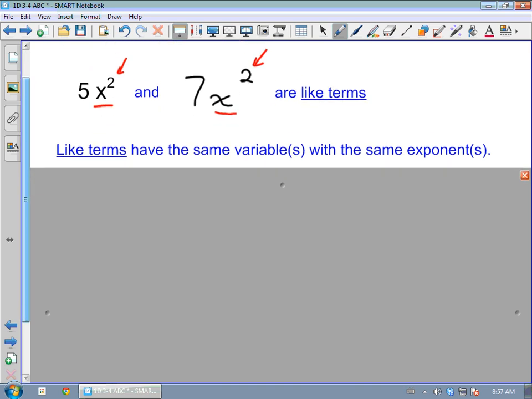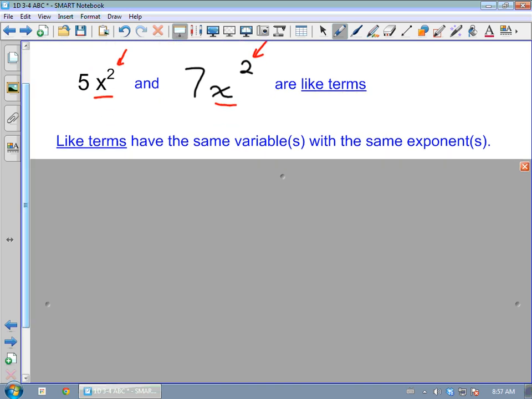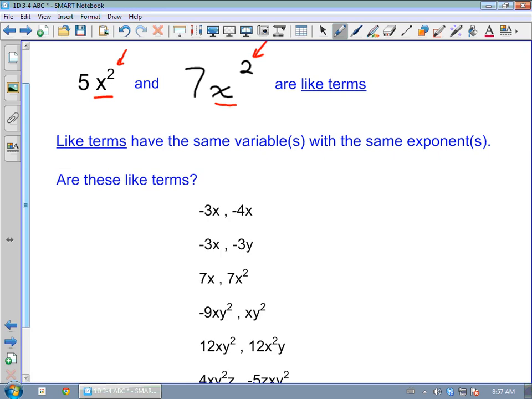Okay. So let's just take a look at some things that are like terms and are not like terms. Are these things like terms? Negative 3x and negative 4x. What do we think? Like terms or not like terms? They are like terms.